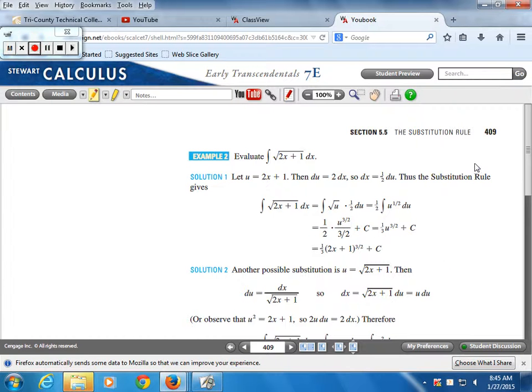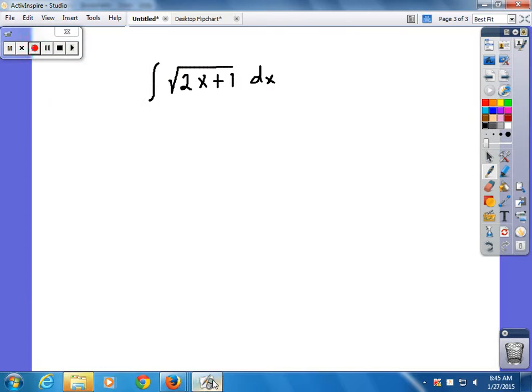All right, so in this case, you got the antiderivative of blah, blah, blah. And we're going to take this piece right here. Of course, we're going to change this to u to the 1/2 power.